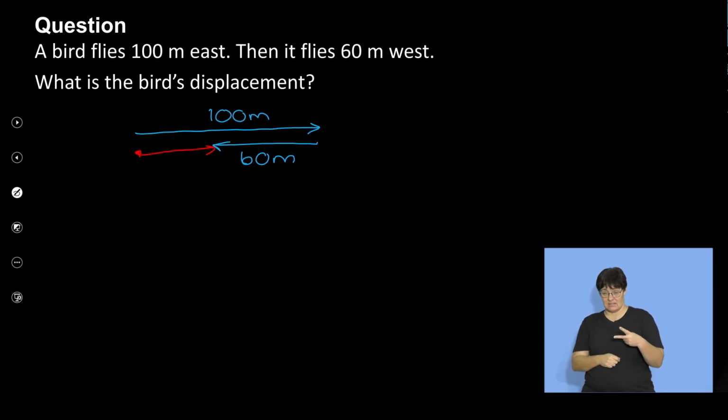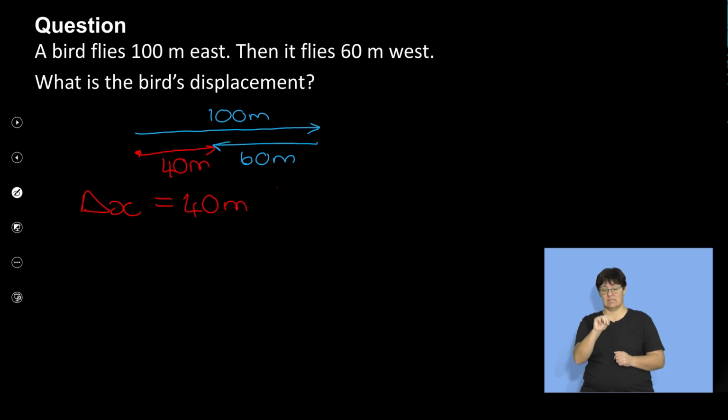And hopefully, you guys can see that that would be 40 meters. Okay, and in which direction? Because we know originally that was east. So her displacement, which we're going to call delta x, because she's changing direction in the x value horizontally, is 40 meters east.